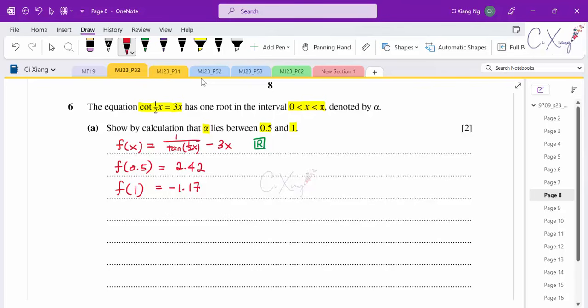So from here you can see that to prove that alpha lies between 0.5 and 1, we must see a sign change appear between these two values. You can see very clearly that one is a positive value and one is a negative value.